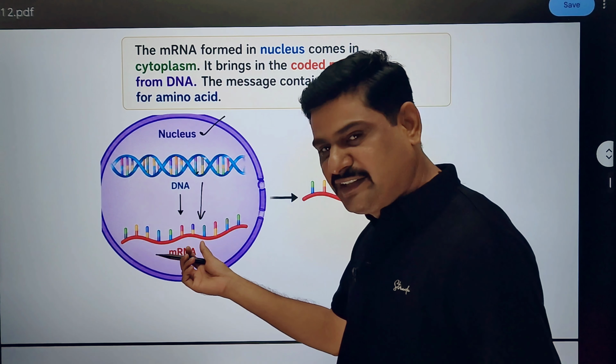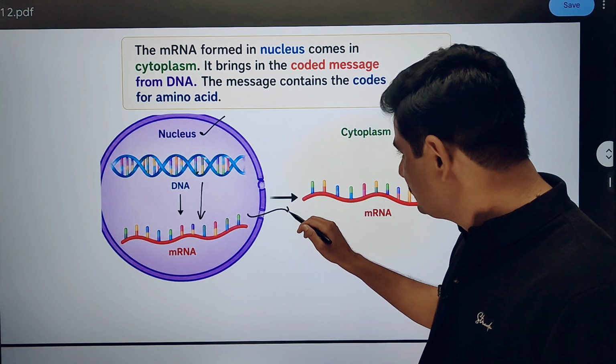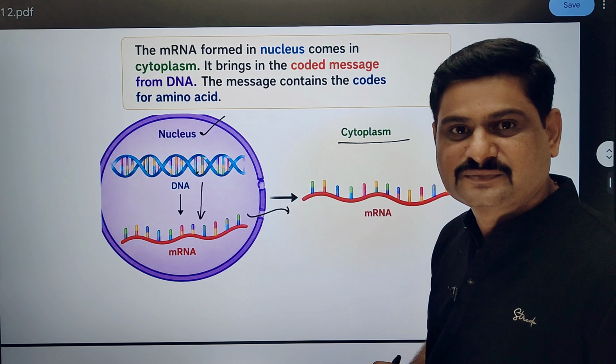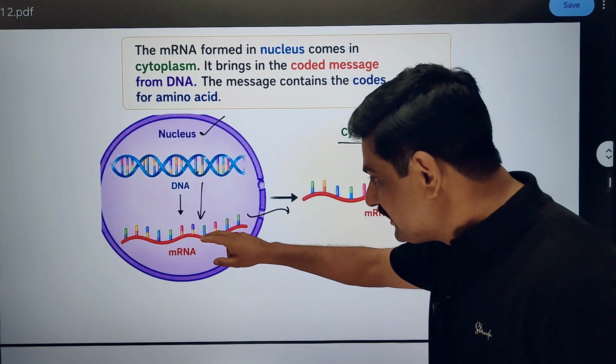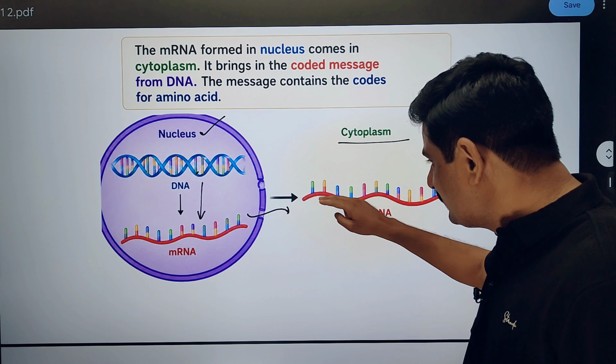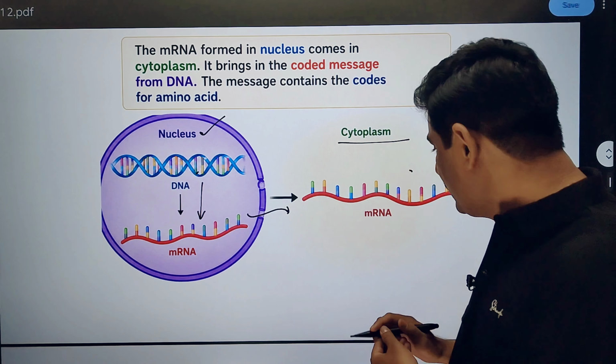Now once your mRNA is ready in the nucleus, it will come outside the nucleus into the cytoplasm. Why in the cytoplasm? Recall the central dogma. This mRNA which comes outside the nucleus into the cytoplasm will go to one very important structure which we discussed, that is the ribosome.